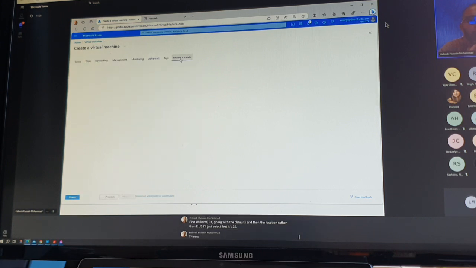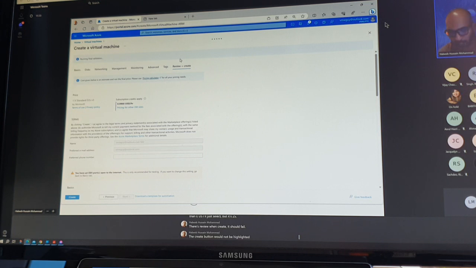The review and create should fail. The create button would not be highlighted to us. Let's see that.